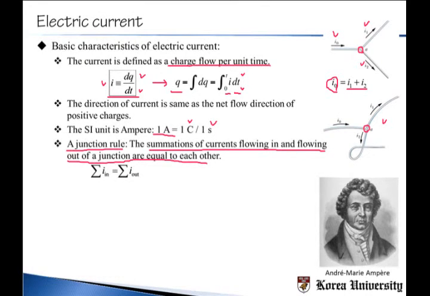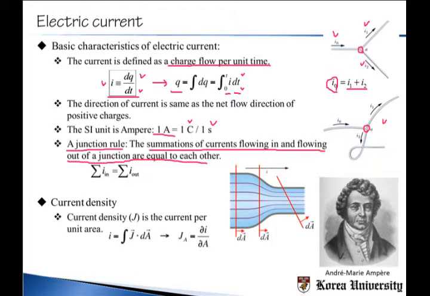Okay, and then let us introduce another quantity called the current density. Realize that the current is more like a flux. We already learned that if you integrate electric field over a certain area, then you get the electric field flux, right?